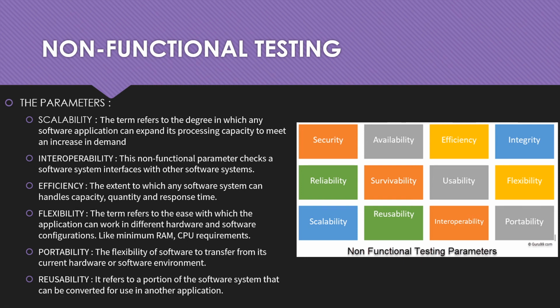And then efficiency is the extent to which any software system can handle capacity, quantity, and response time. So we can get whether this application is efficient, and whether the software is very efficient for the user, or it makes it more difficult for the user.